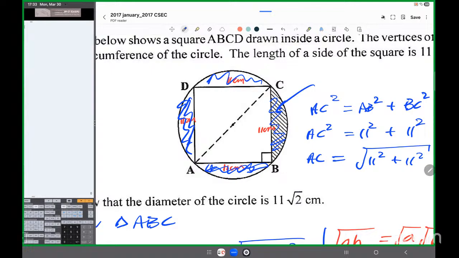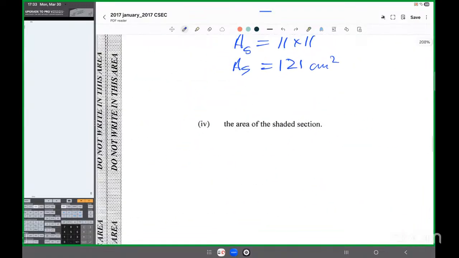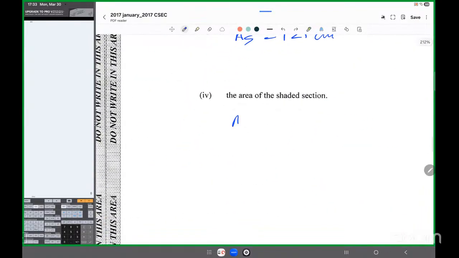So the area shaded equals the area of the circle minus the area of the square, divided by 4. Simple as that.